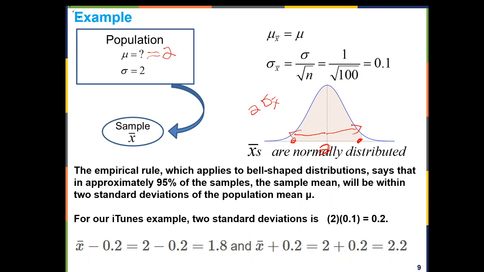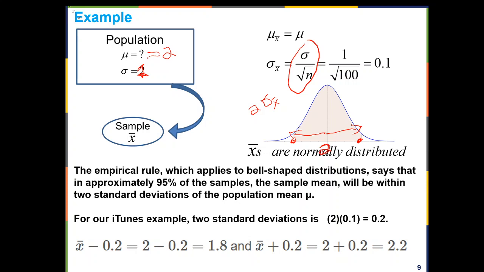But what is the standard deviation of X bars? Well, it is this. Now remember, we assumed that the standard deviation of the population is 1, and I put 2 here by typo. I have to fix that. The standard deviation is 1.